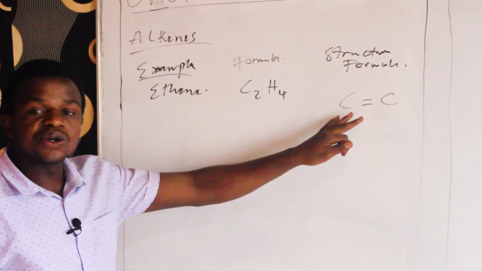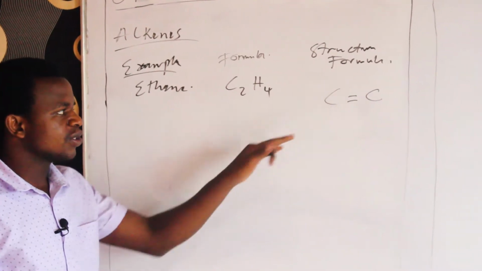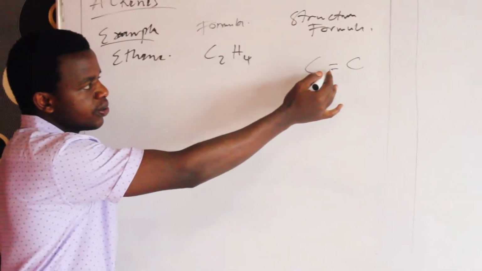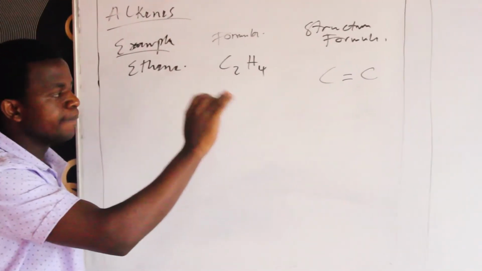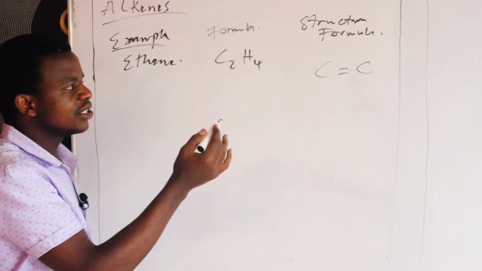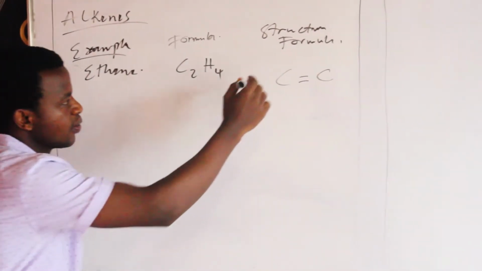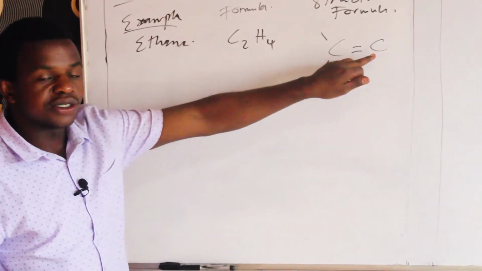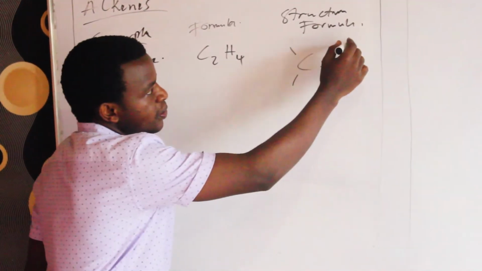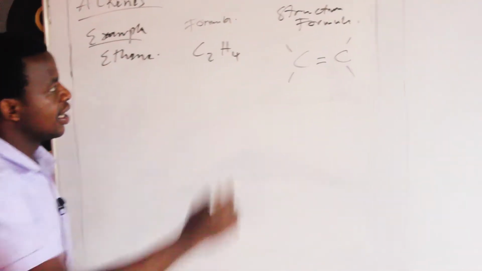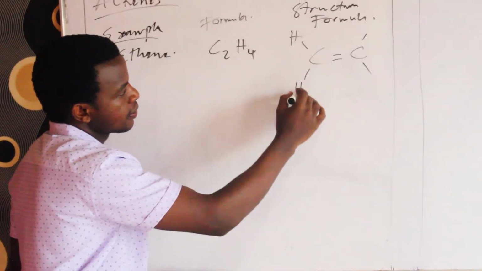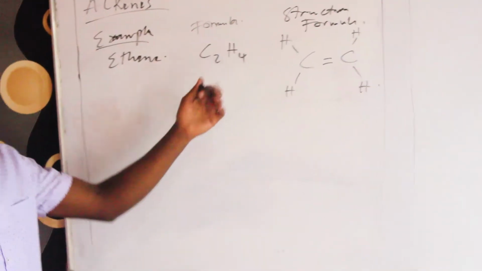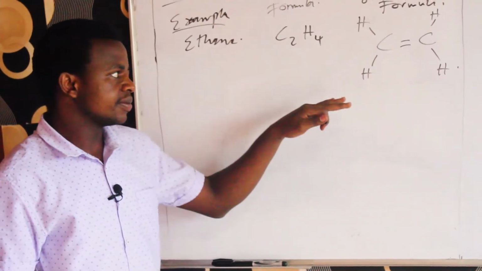So here there's no single bond. They're made up of double bond. So as you can see, this carbon atom, it has how many bonds? It has 1, 2. So for this to have 4 bonds, that means I only need to add the extra 2 bonds. So I'm going to put 1 here and 1 there. That same applies to this carbon atom. So I'm going to put another bond here and another bond, and I'll put my hydrogen atoms. So this is how you write the structure formula of ethene.